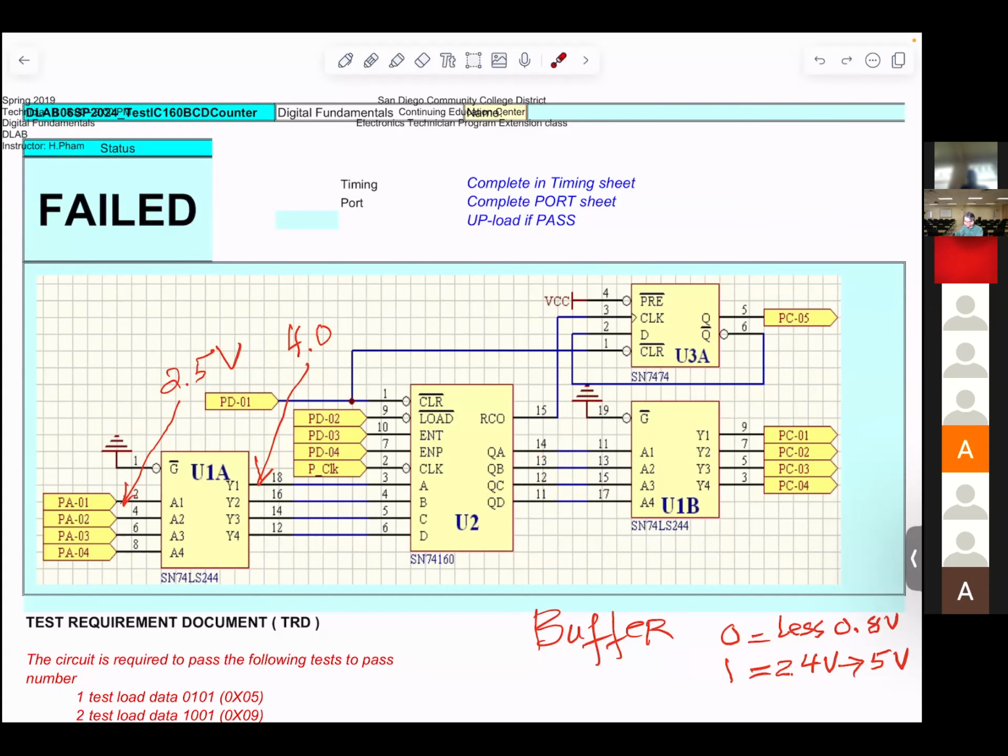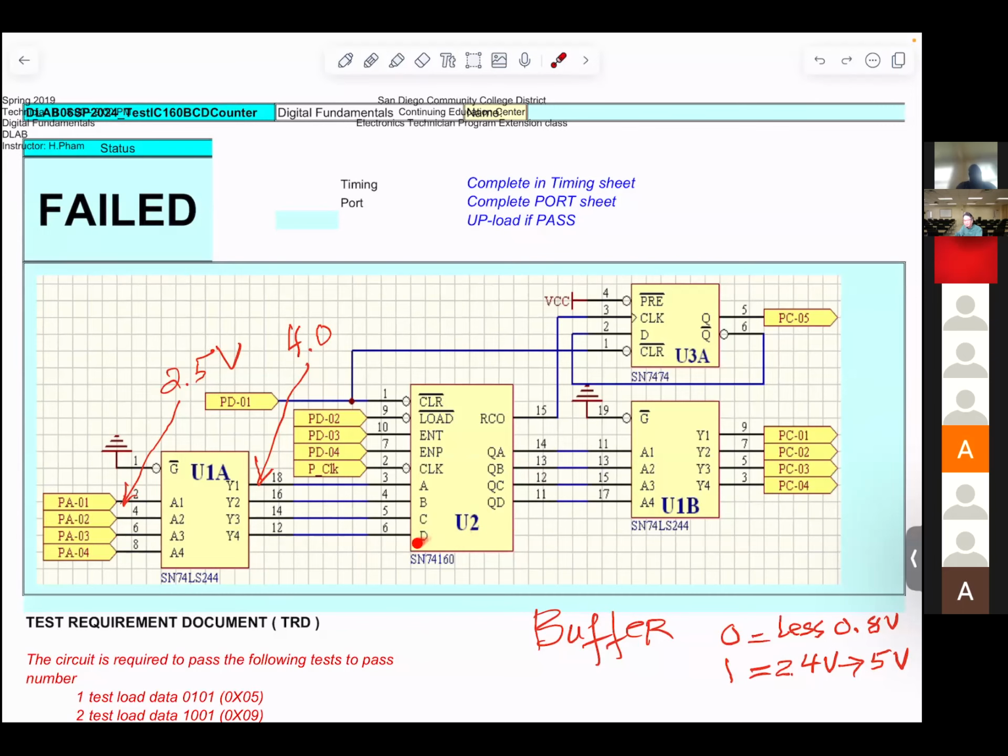Now, pin 1 applies to input of U2. Okay? And U1B gets from the output of U2 and goes to port C of the system. Very simple. Now I'm talking about U2 here. That's the main thing. This is a 74160.